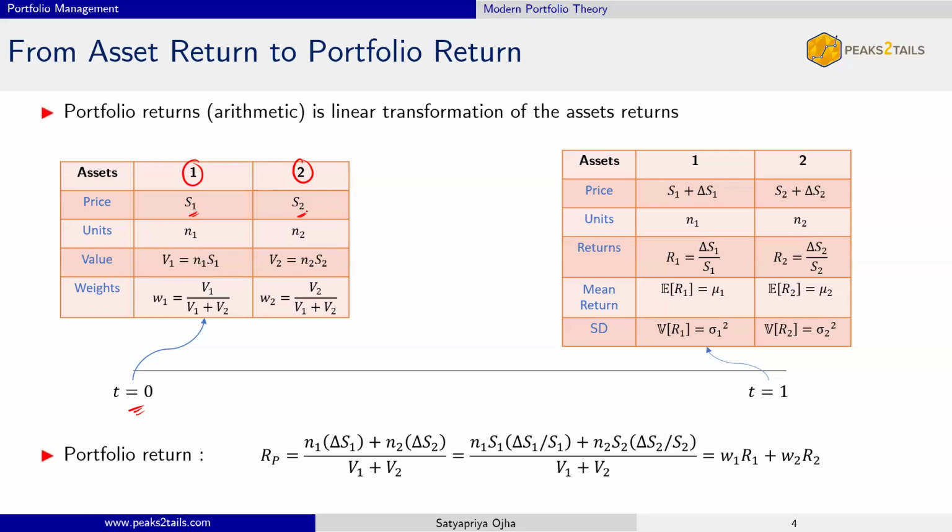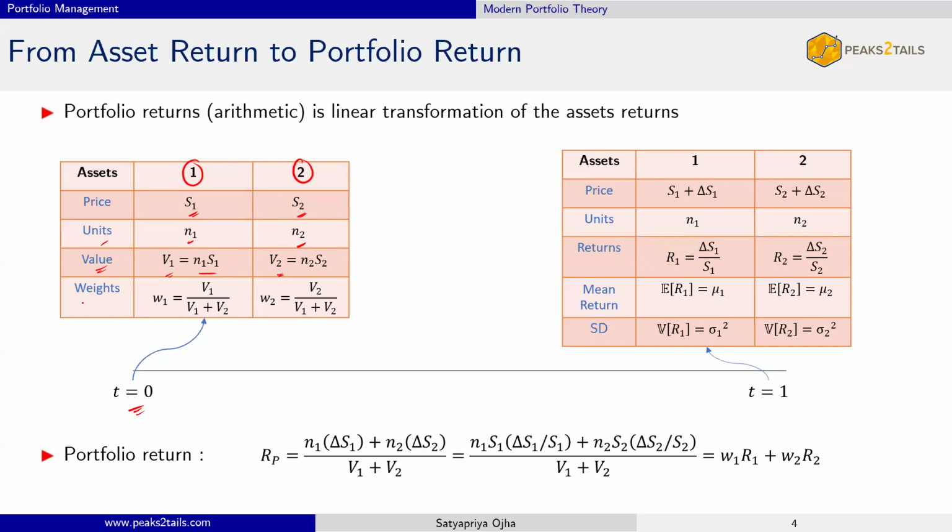And then you are holding some units of each of those assets, right? N1 units of asset 1, N2 units of asset 2. The dollar value invested in asset 1 is V1, which is simply number of units times price per unit. Similarly, V2 is N2 S2, straightforward.